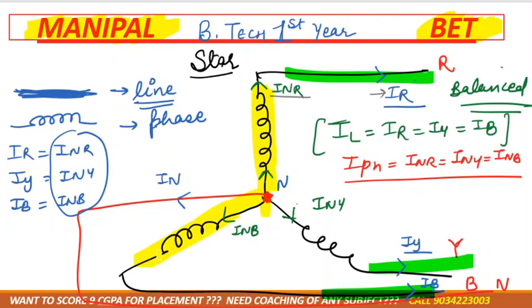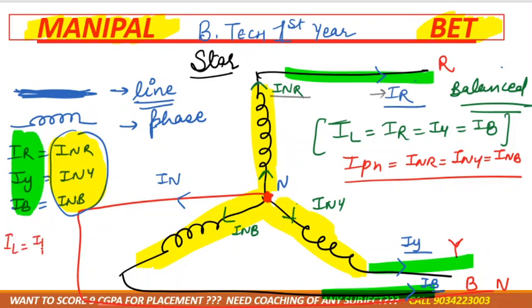As I told you, phase is the thing which is flowing through the windings. So this one is the phase current and this one is the line current. From here we conclude that line current must always be equal to the phase current in case of star connection. So you need to write it down that IL must be equal to IPH.